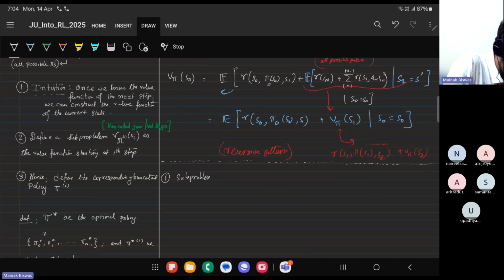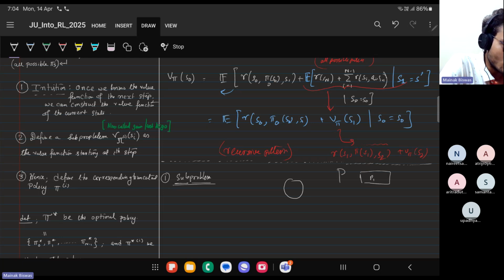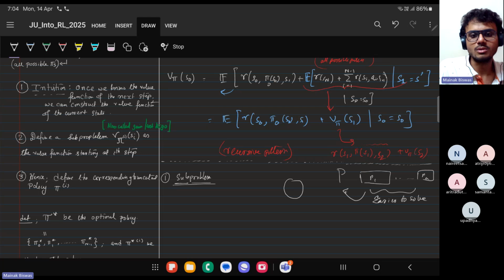For all the computer science students, you may know this, and for people outside computer science: a subproblem is, say you have a problem P, you try to divide it into problems P1, P2, Pn, so that each of these is easier to solve. And then you aggregate and solve the bigger problem, right?